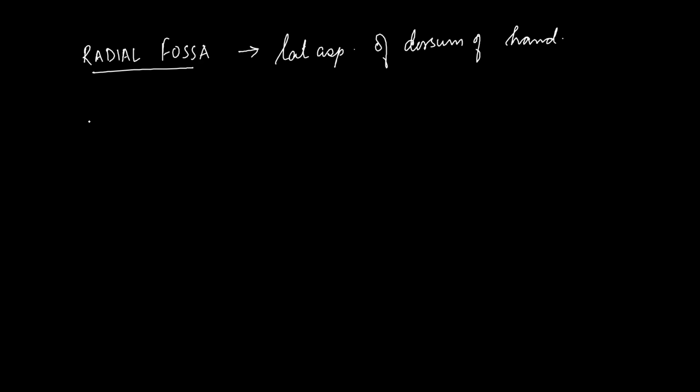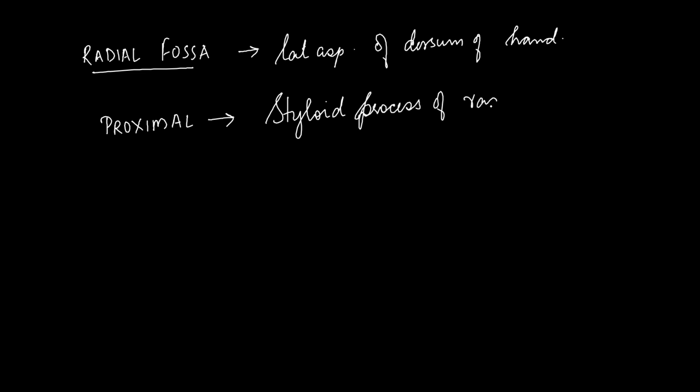So if someone is asking, which are the bones which are present in the anatomical snuff box, you should remember as the proximal border, we have the styloid process of the radius.